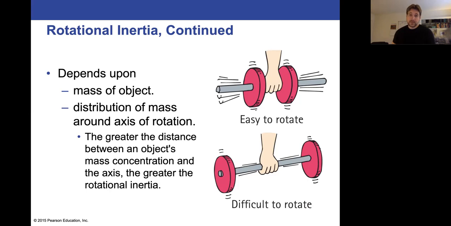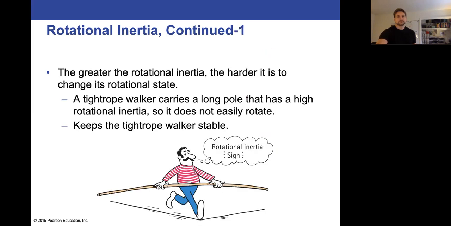But it also depends on how that mass is distributed relative to the axis around which we're trying to get the thing to rotate. The greater the rotational inertia, the harder it is to change the rotational state.